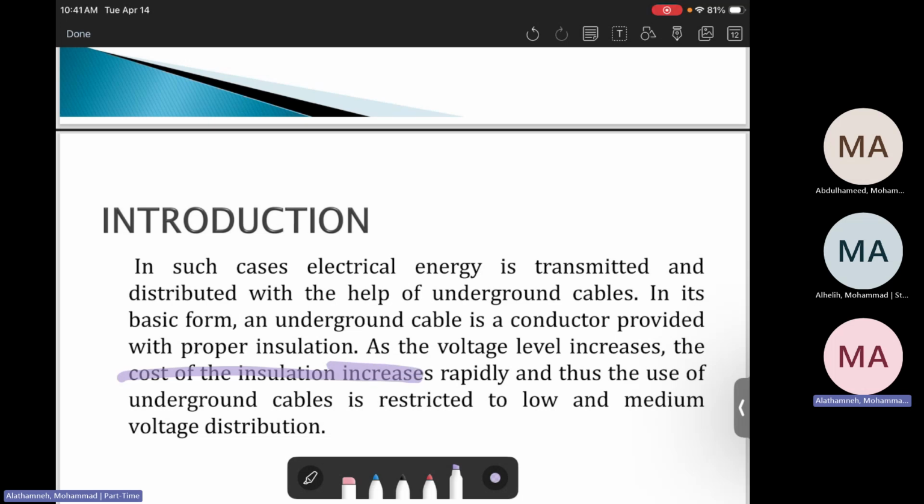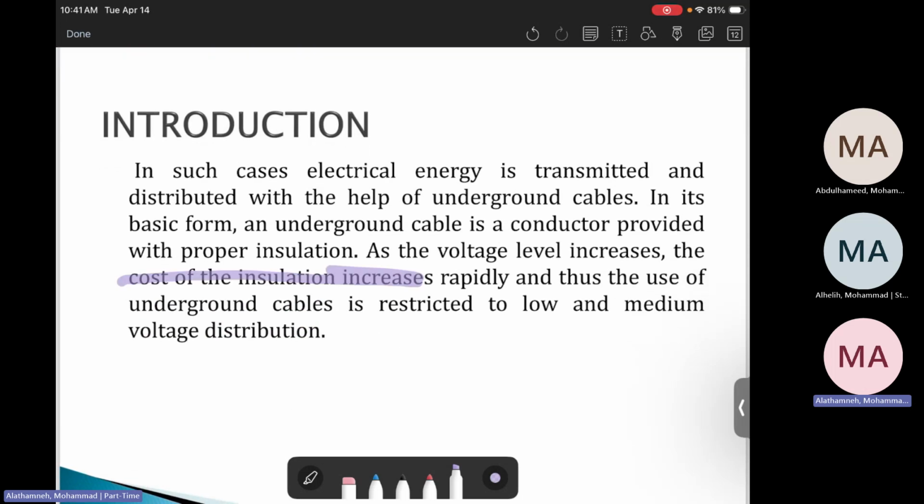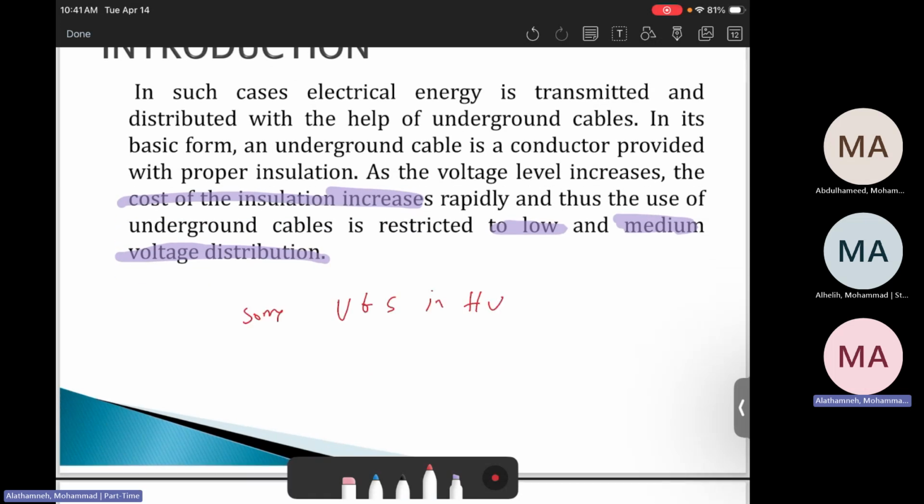So underground cables are basically restricted to low and medium voltage in distribution, while we have some underground cables in high voltage. But in Jordan, the vast majority of underground systems is associated with low voltage and medium voltage.